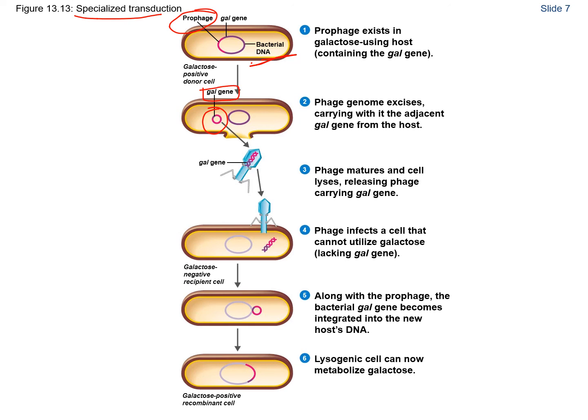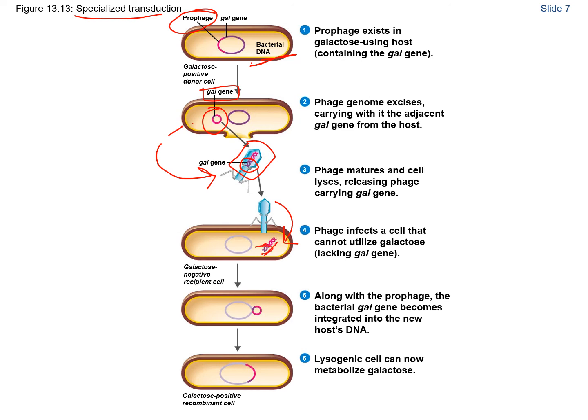So when that phage then goes through biosynthesis and maturation, in all the capsids, including the phage DNA, there's also this gene from the original bacterium. So when this new phage attaches and penetrates into the next host, it's going to inject the phage DNA, which also has this bacterial gene.